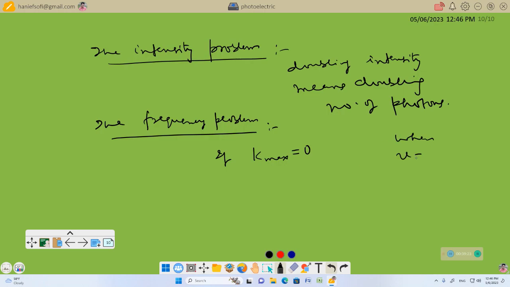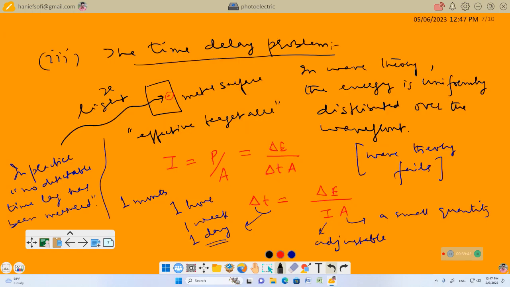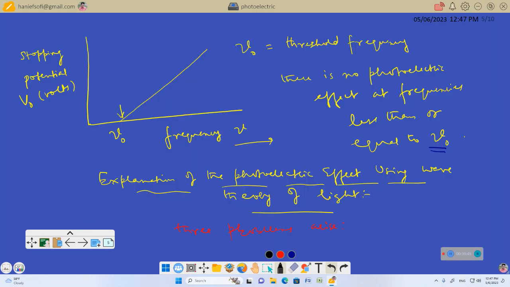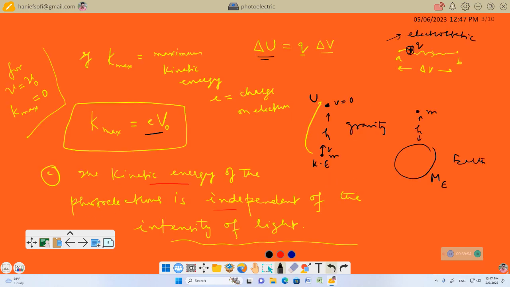From experiment, when nu is nu naught, stopping potential is 0, hence K max is 0, because K max is equal to e V naught. We have discussed it already. At nu equal to nu naught, from the graph, stopping potential is 0 here, and when stopping potential is zero, that means K max is zero because K max is e V naught.